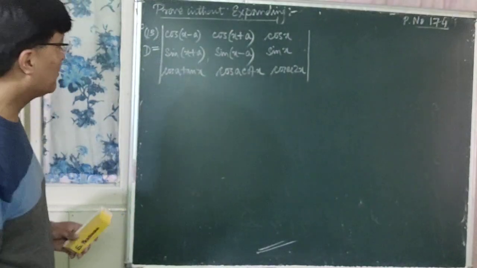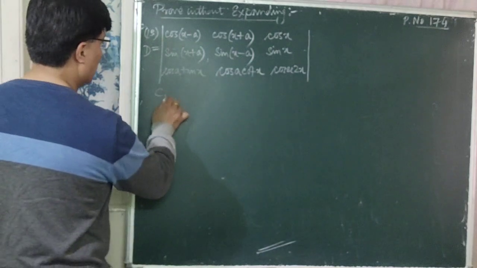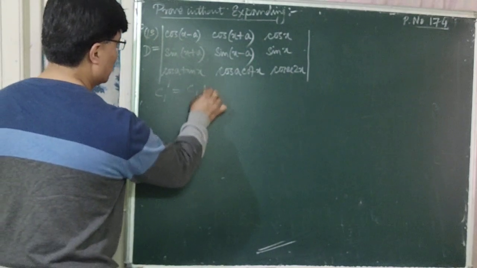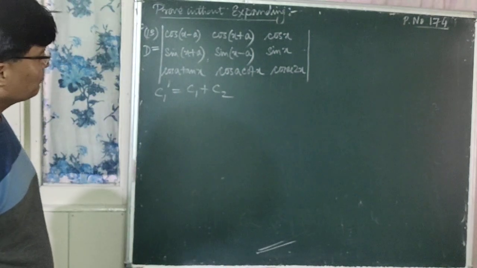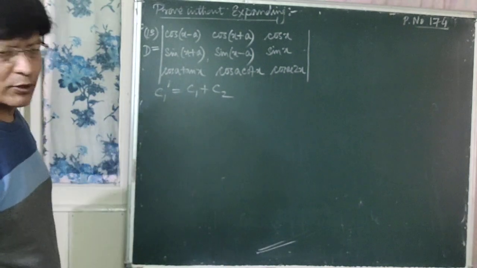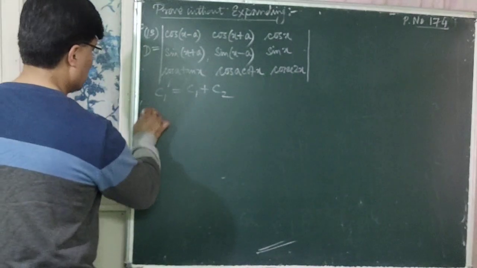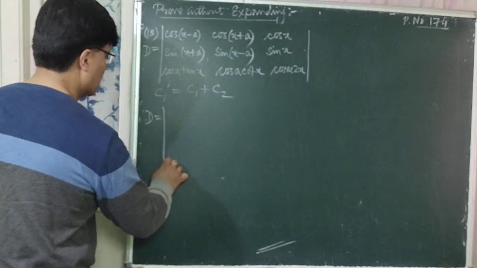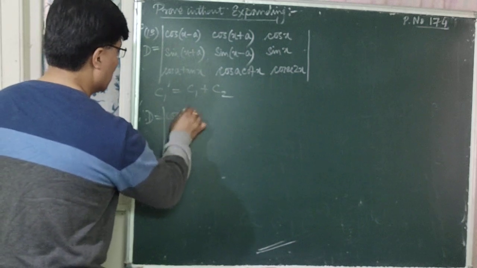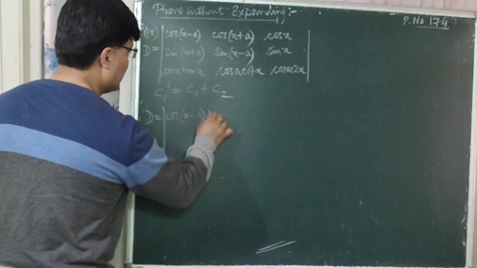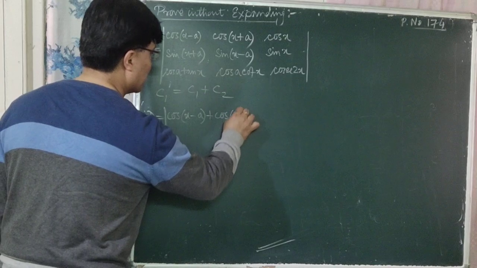In your copy, right? So C1 dash is equal to C1 plus C2. That means here this column 1 is changing, right? So therefore d is equal to, now what is the new first column? Cos of x minus a plus cos of x plus a.